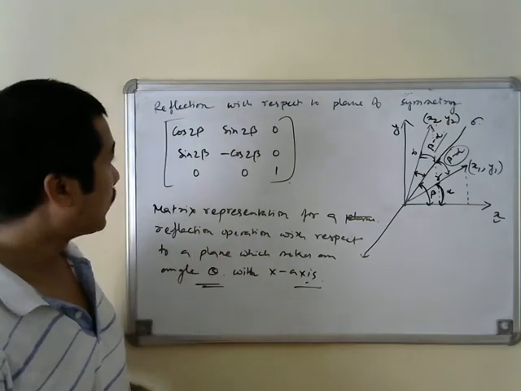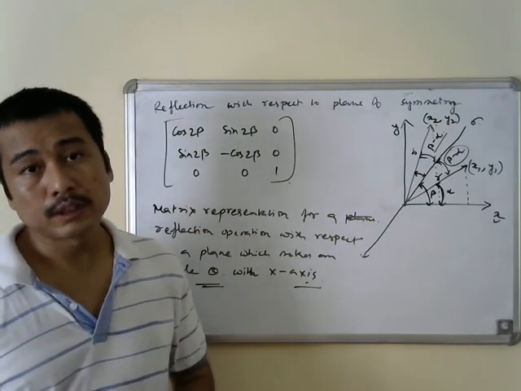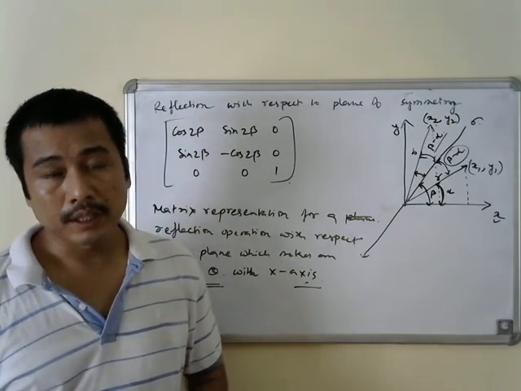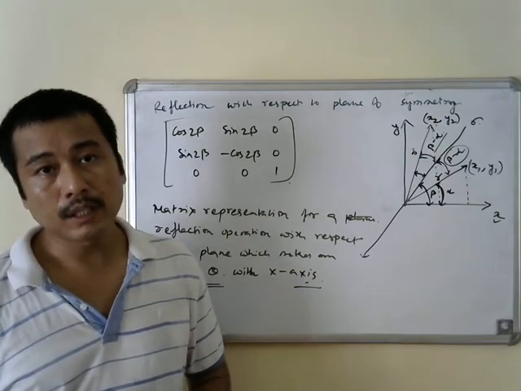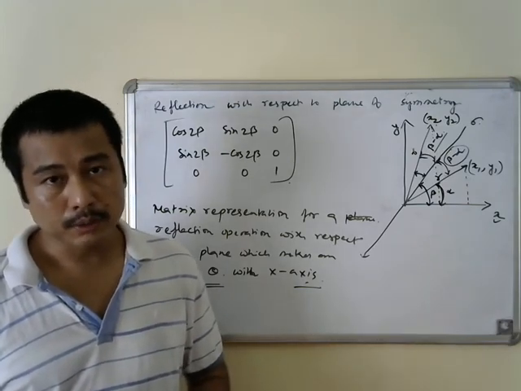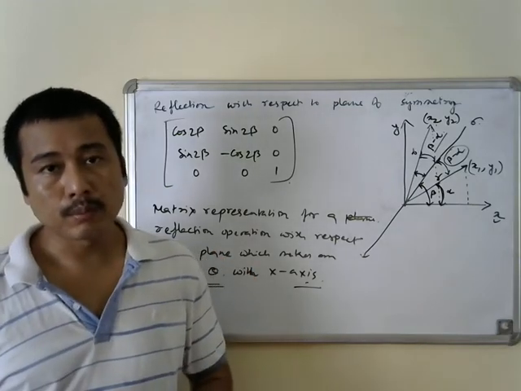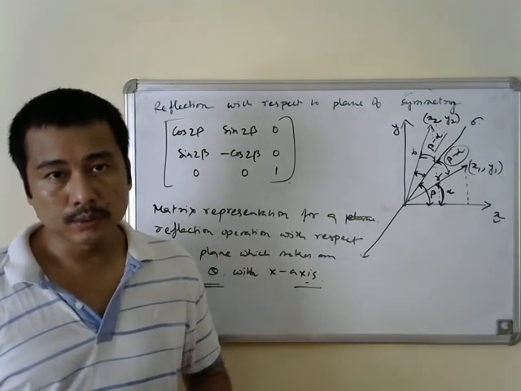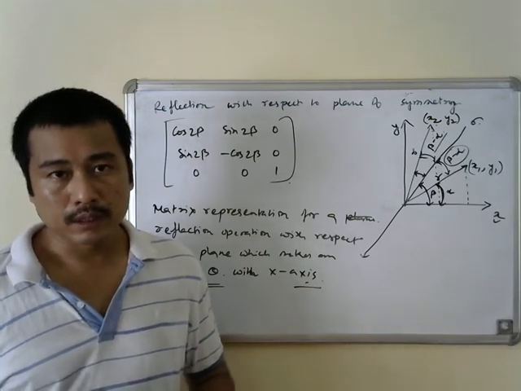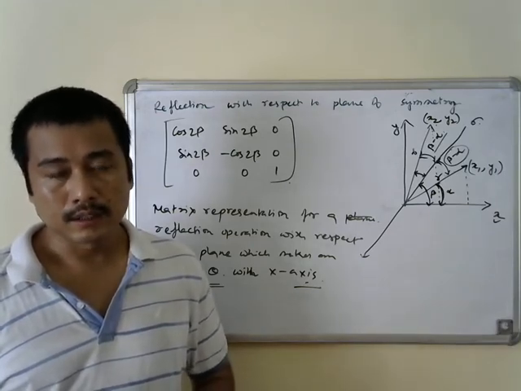That is, we have deduced the matrix representations for different symmetry operations: the identity operation, rotation with respect to an axis of symmetry, and reflection with respect to a plane of symmetry. We have derived the generic matrix representations for all these symmetry operations.